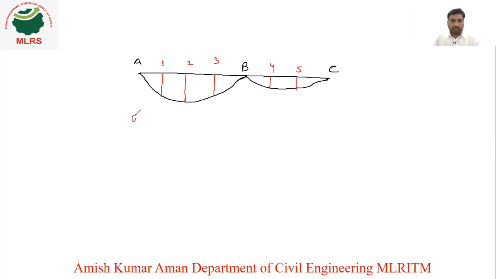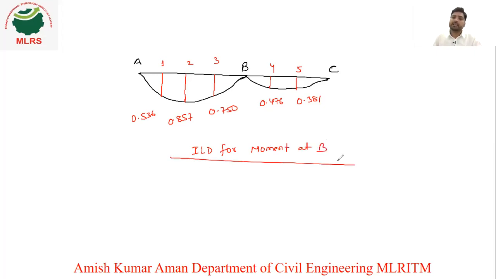Whatever the values are there, 0.536, write it here, 0.857, here it is 0.750, here it is 0.476, here it is 0.381, and this is your ILD for moment at B.